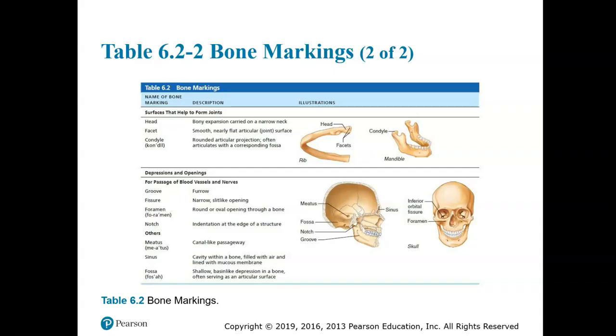And then if it is a depression, or an opening, you can have a fissure, which is like a little narrow slit-like opening, or you can have a foramen, which is an open hole, okay?